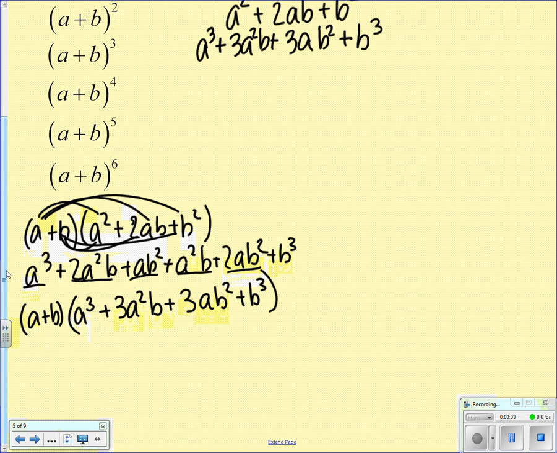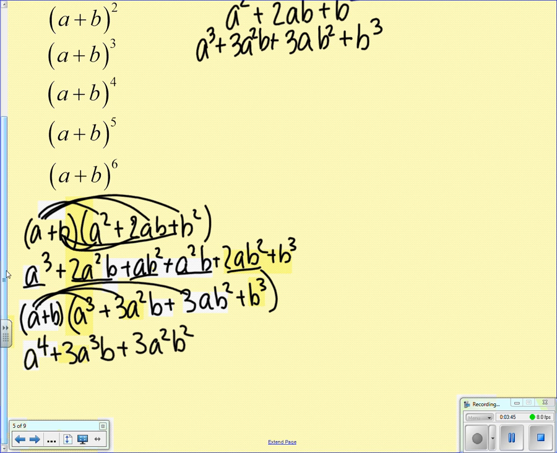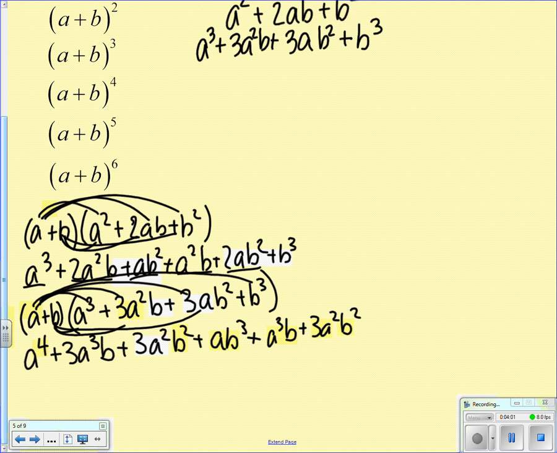So if we multiply it, we're going to have a to the 4th plus 3a cubed b plus 3a squared b squared, and then plus ab cubed, and then plus a cubed b plus 3a squared b squared plus 3ab cubed, and then plus b to the 4th.